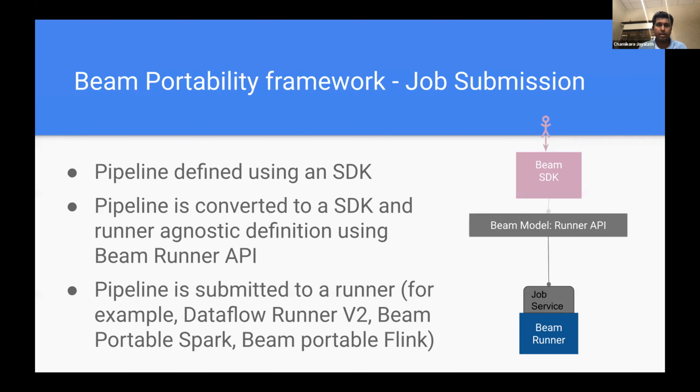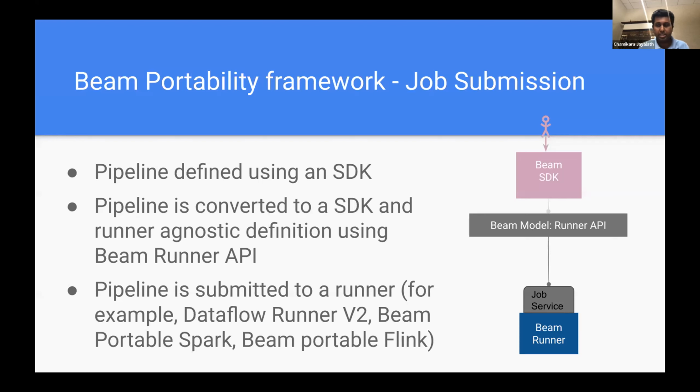All right, let's look at how the Beam portability framework works. There are two sides to this: the job submission side, and the job execution side. Let's look at the job submission side first. You start with your Beam SDK, where you write your pipeline.